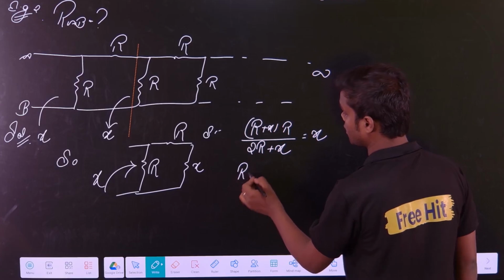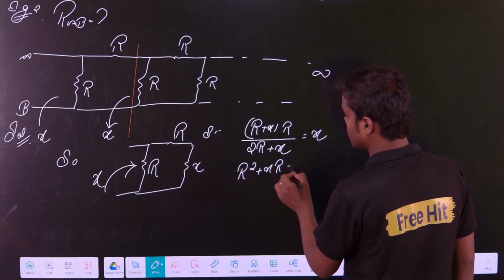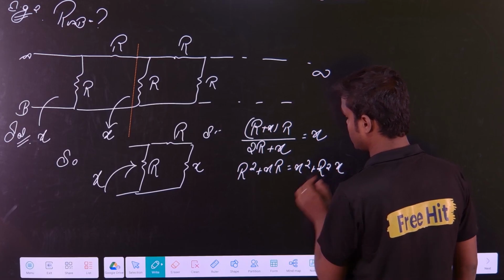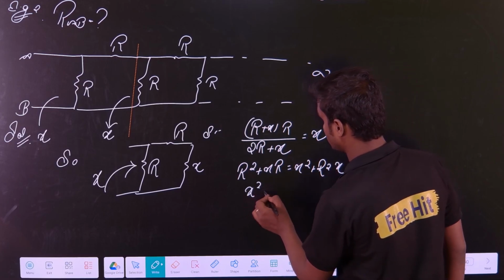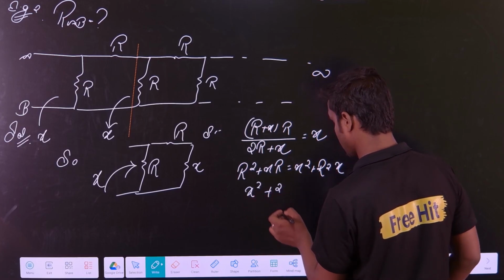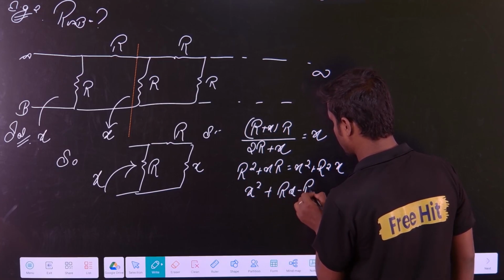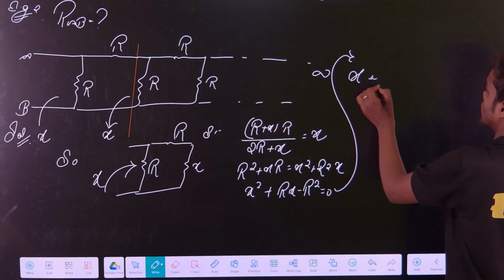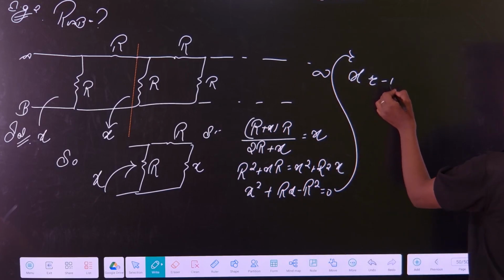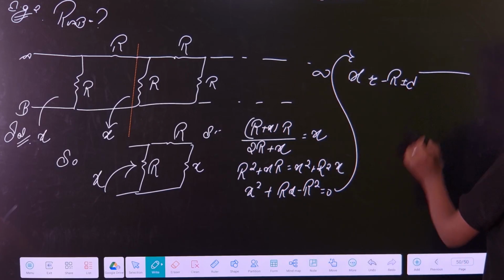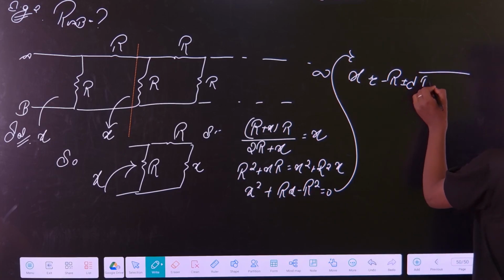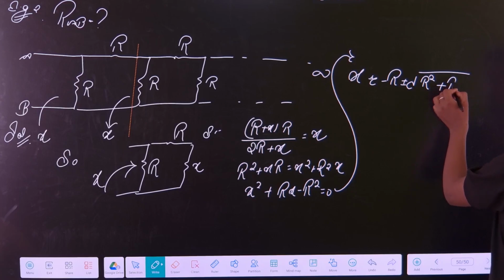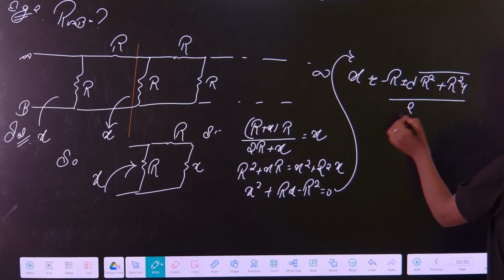Just multiply, you will get R square plus xR equal to x square plus 2Rx. Solving it, you will get x square plus Rx minus R square equal to 0. Now calculate the value of x by the Shridharacharya method. That gives minus R plus or minus root of b square minus 4ac, divided by 2.